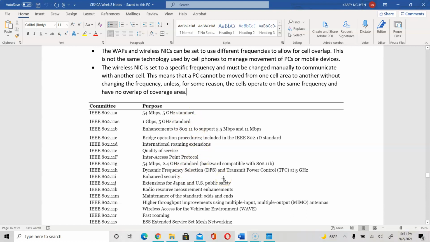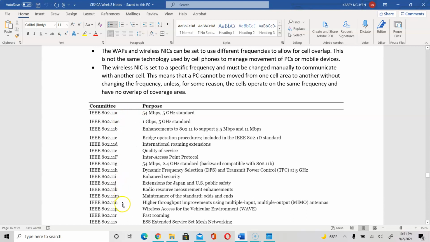So what does that mean? When you have certain devices that were classified under certain 802.11 standards, they would not work with some of the standards outside of their scope. So some were backward compatible and some were not.